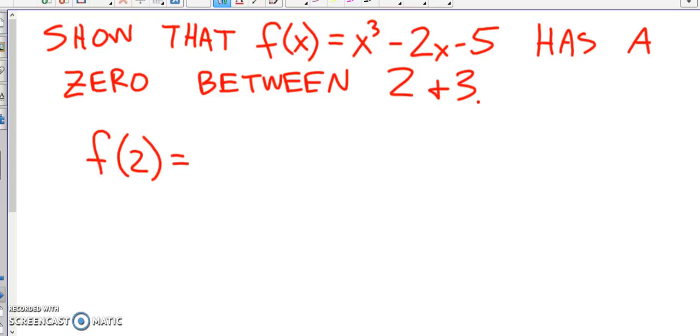It's negative 1. 2 cubed is 8. 2 times 2 is 4, so 8 minus 4 is 4, minus 5 is negative 1. All right. f of 3, let's see, 27 minus 6 would be 21, minus 5 is 16.